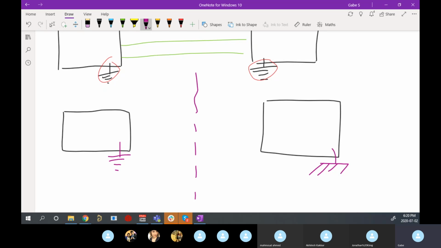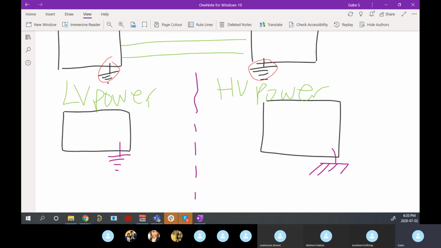So this is actually the case in our car. We have this situation where one side is high voltage power, and one side is low voltage power. This is what happens in our vehicle, and in almost all electric vehicles with the high voltage battery.